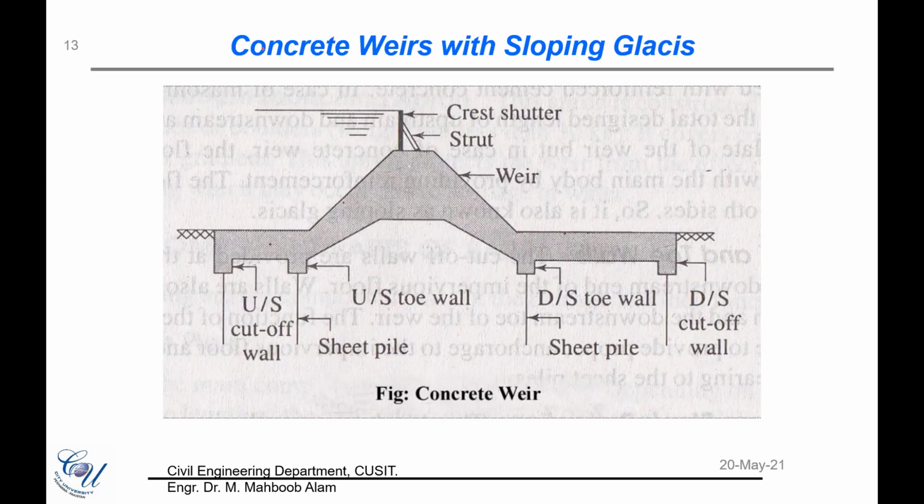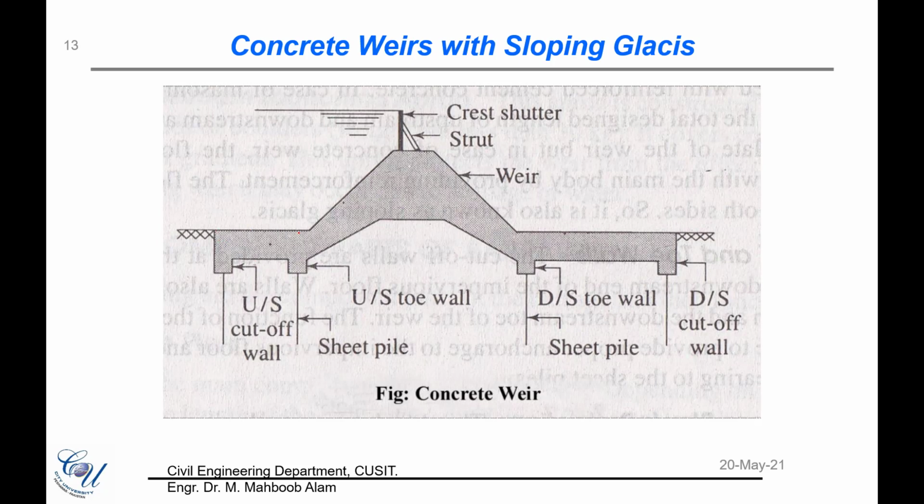Lately, we are also seeing concrete weirs which have been installed in different areas, and concrete weirs are important in a sense that their construction is easier than the rock fill weirs or any masonry weir. They are usually installed as a monolith structure. You have one big structure, and the concrete is poured in one go for the whole structure, which is considered as one monolithic structure.